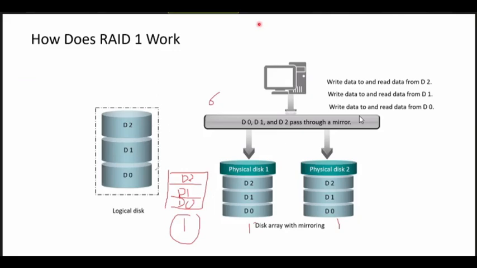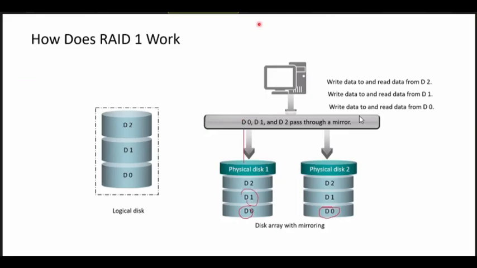When a user writes data, the storage system has to write into this disk first, D0, then write into the next disk, D1, and then also into this disk, D2. So the write process will be very, very slow. Make sense? Already with RAID 1, the write process is slow, because when he writes D0, he has to write D0 again.